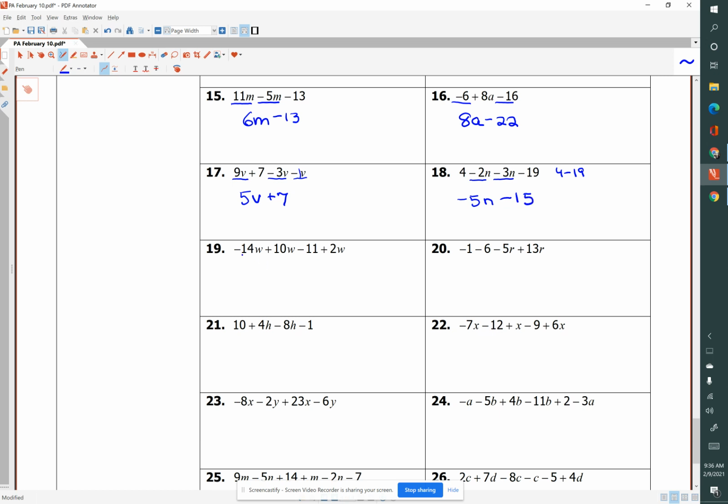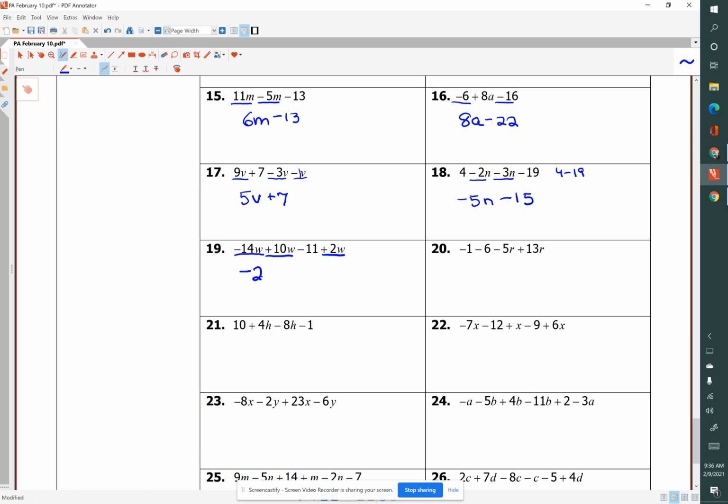Number 19, negative 14w plus 10w minus 11 plus 2w. So the 11 is all set because that is a constant which cannot be combined with anything. But we've got negative 14 plus 10. That's going to be negative 4. And negative 4 plus 2 is negative 2.